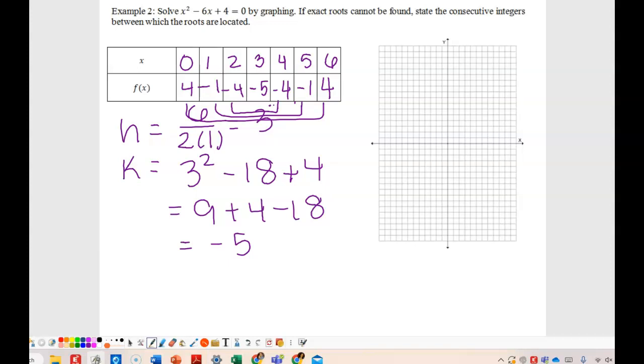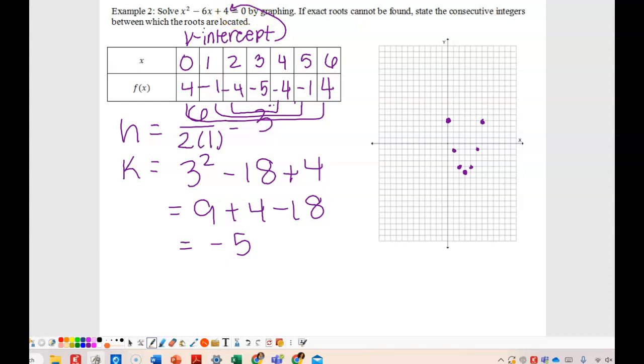So you have 3, -5, 4, -4, 5, -1, 2, and 6, 4. You also see in your table, this is your y-intercept, which you could have also seen from my graph up there.